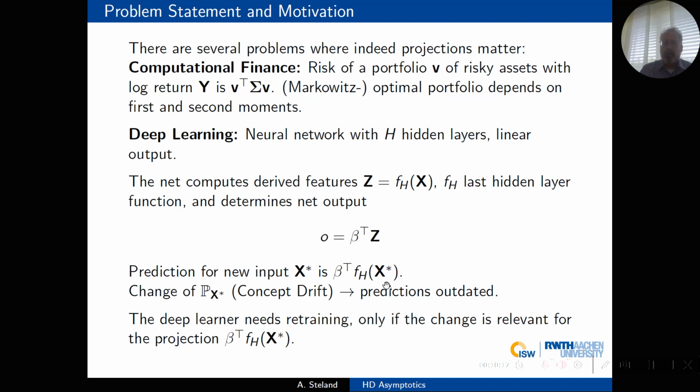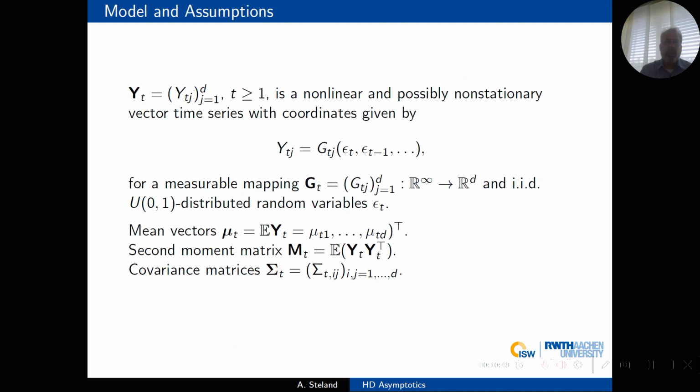But actually, as we see from the formula of the predictions, they are only outdated if this inner product changes. So the deep learner actually needs retraining only if the change is relevant for the projections beta prime fh of x star. So here, projection really matters. So you do not necessarily need to update your neural network if there is no change with respect to this specific projection of the derived input data.